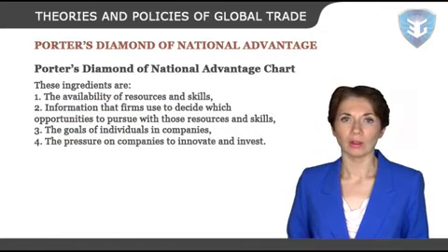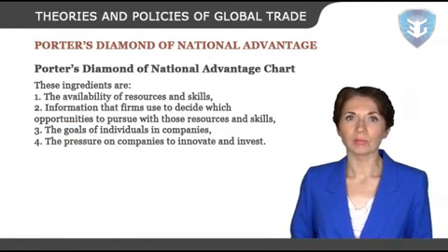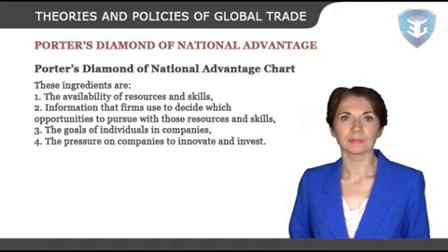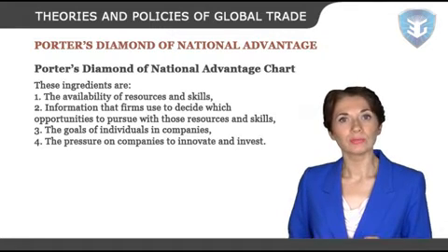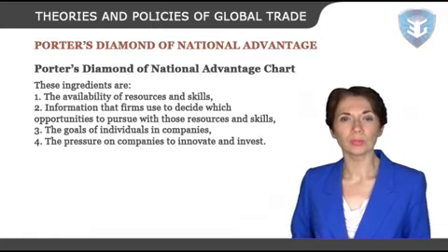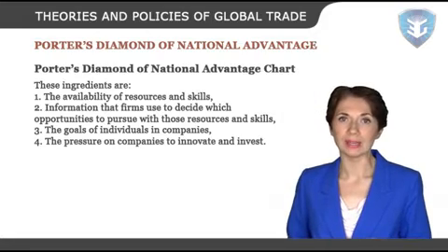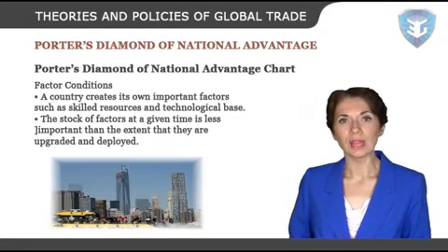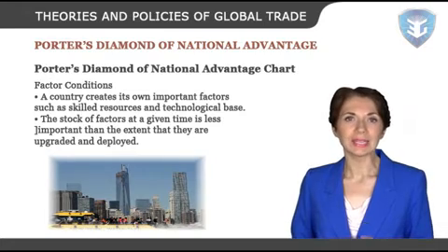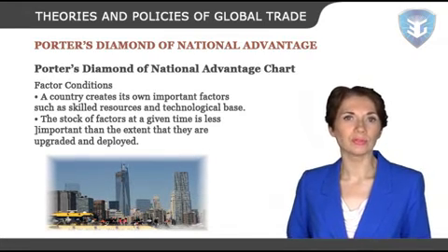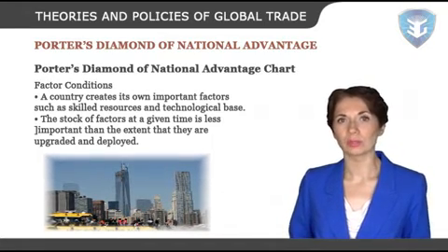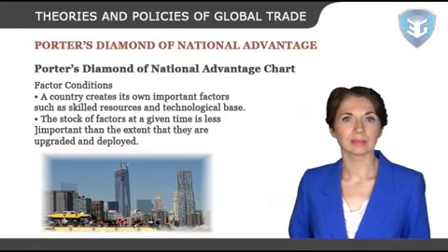These ingredients are the ability of resources and skills, the information that firms use to decide which opportunities to pursue with those resources and skills, the goals of individuals and companies, the pressure on companies to innovate and invest, factor conditions. A country creates its own important factors, such as skilled resources and technological base.